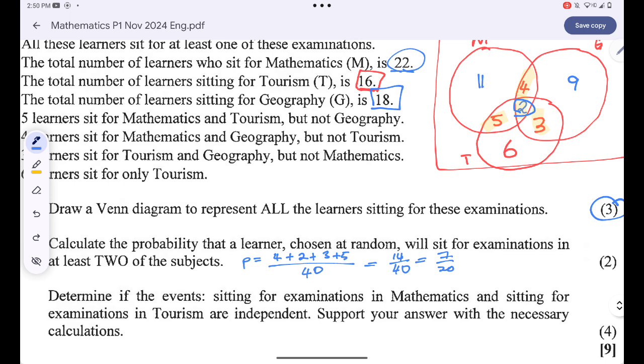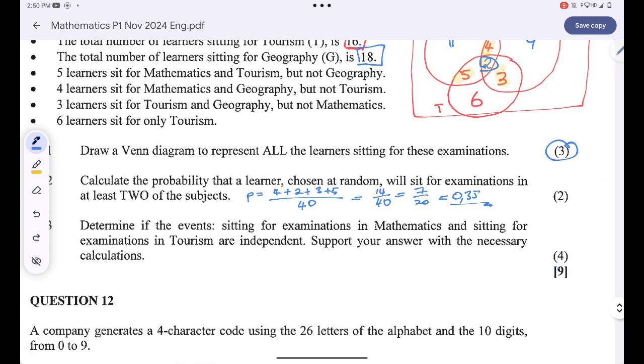Let me check whether I can write it as a decimal or it will need me to round it off. Oh yeah, so the answer is just 0.35. That's the probability of a learner selected at random who's taking 2 or more subjects.